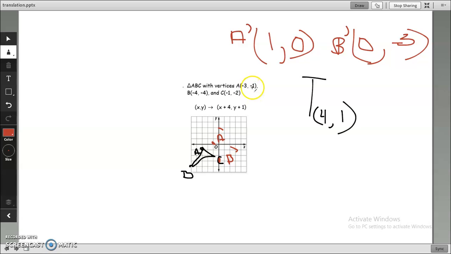And then C, coming over here, apologize. Negative 1 plus 4 gives me 3. And negative 2 plus 1 gives me negative 1. And so that is at 1, 2, 3, 1.